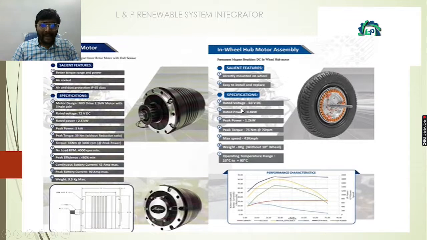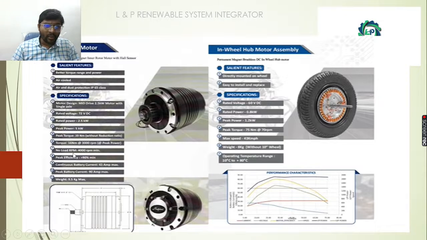And when we compare the voltage range of these two motors, it is 72 volt DC and 60 volt DC. Rated power is mostly 0.5 kilowatt, up to 2.5 kilowatt we can use these motors, and peak power will be 5 kilowatt, whereas the peak power of the in-wheel hub motor assembly is a maximum of 1.2. The maximum speed is 43 kilometers per hour, whereas in the other case the maximum speed is more when compared to these vehicles, because torque is more here.